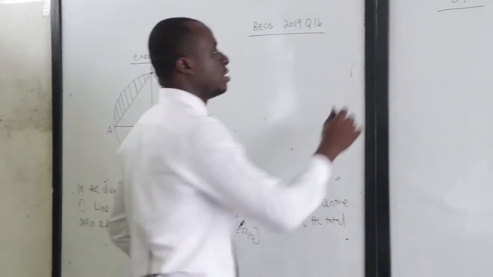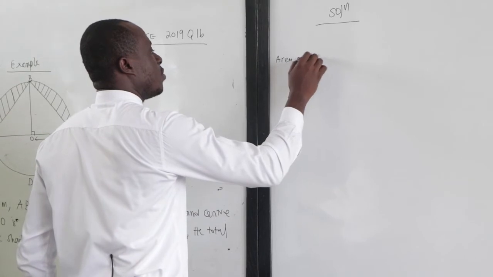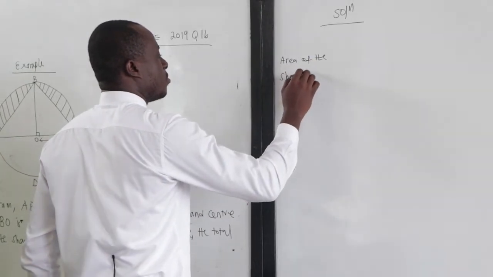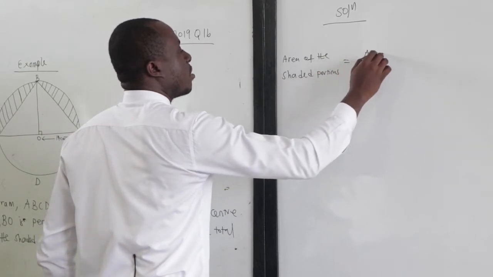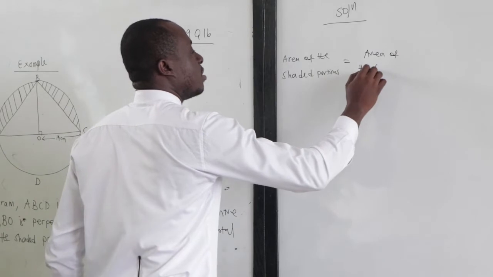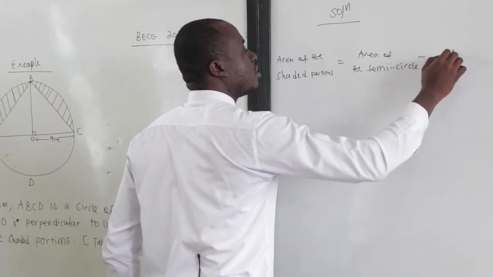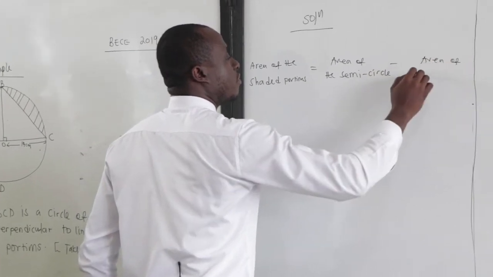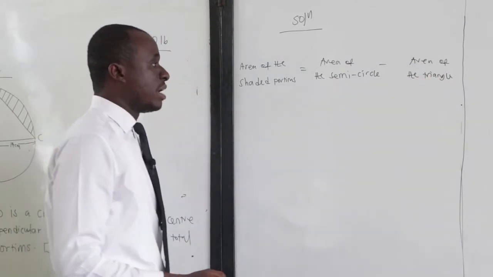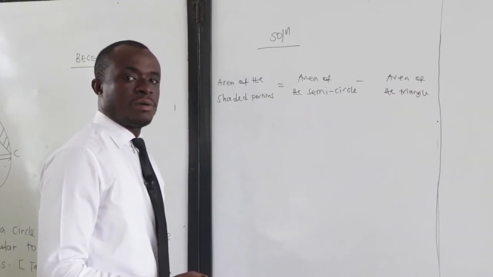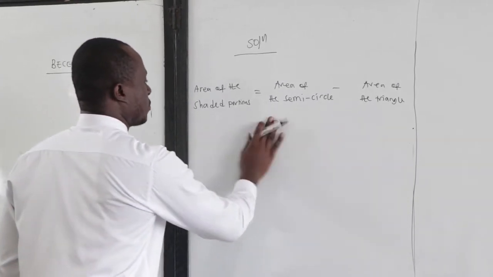So here we can say that the area of the shaded portion is the area of the semicircle minus the area of the triangle.